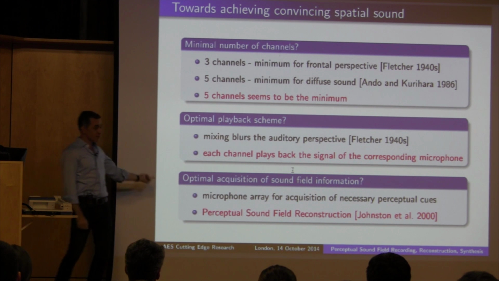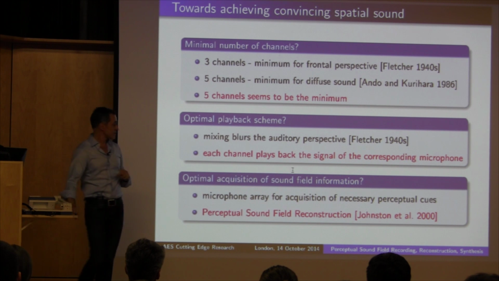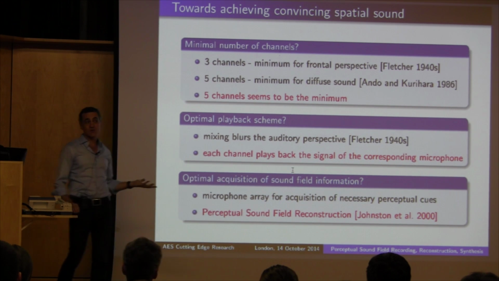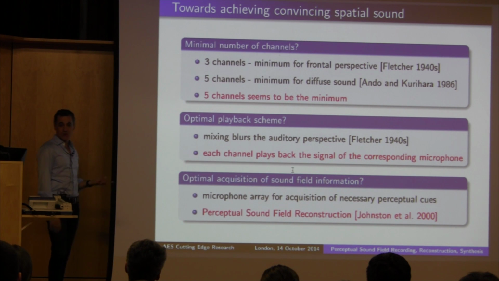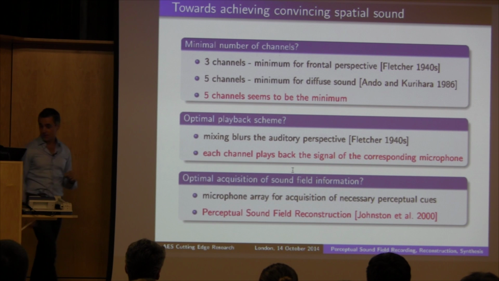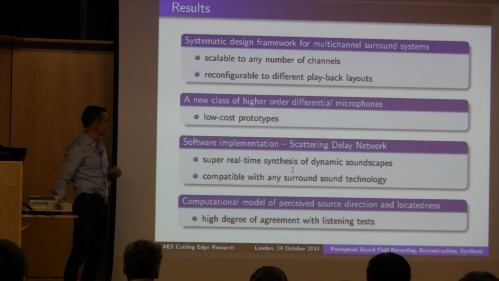Now, the most difficult question, and something that people didn't research much, was how to optimally acquire the sound field, or what we need to capture about the sound field to reproduce it, which amounts to designing a proper microphone array. That is what most of our research is about, and how we do that is explained in one of these posters.